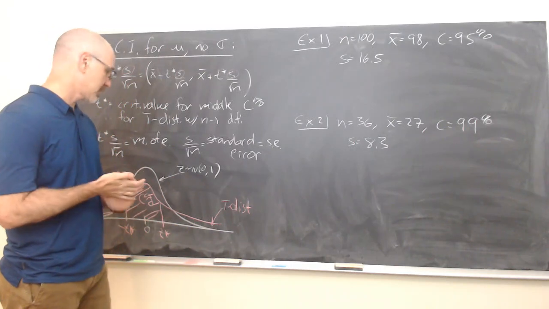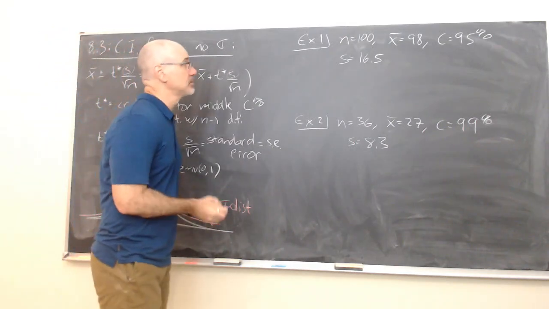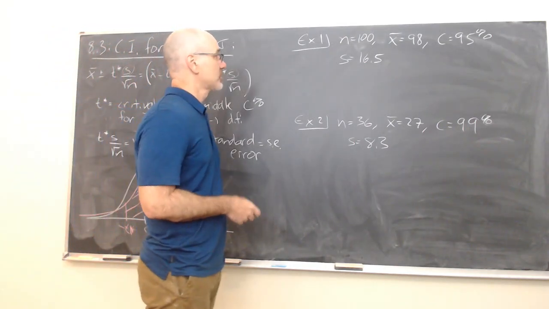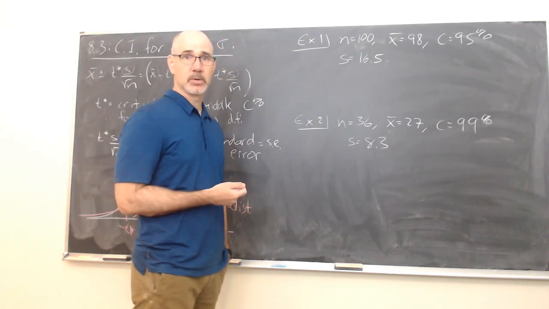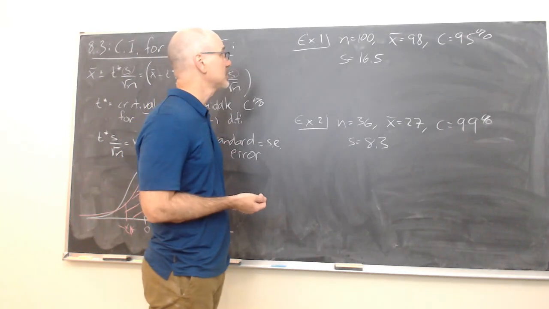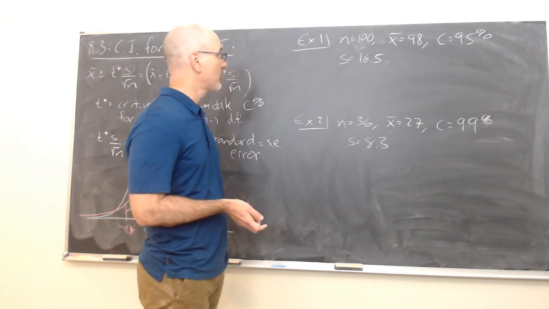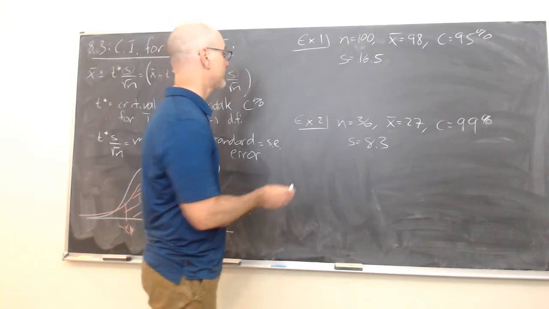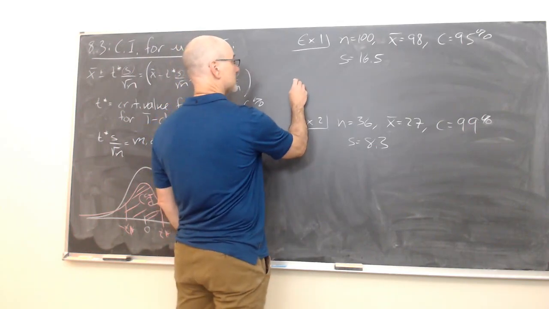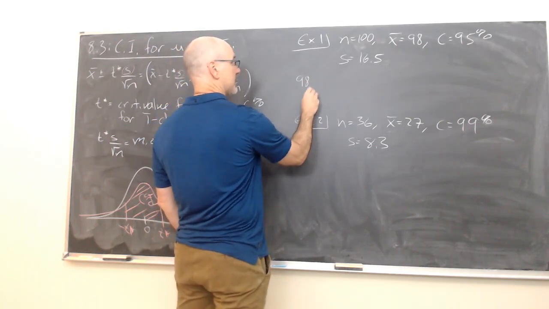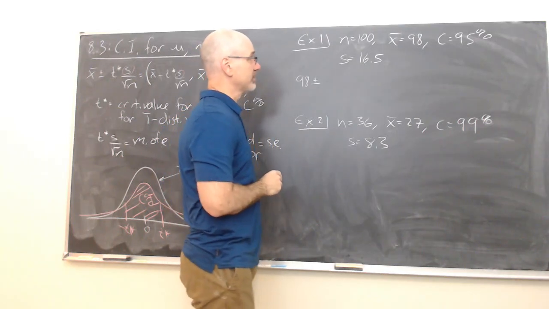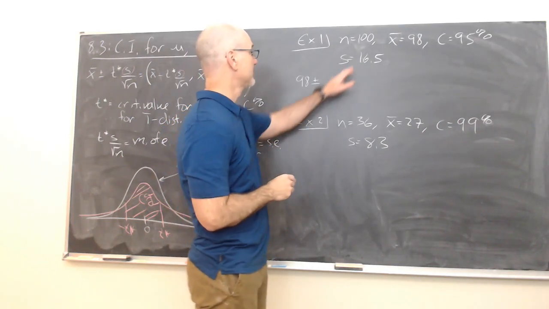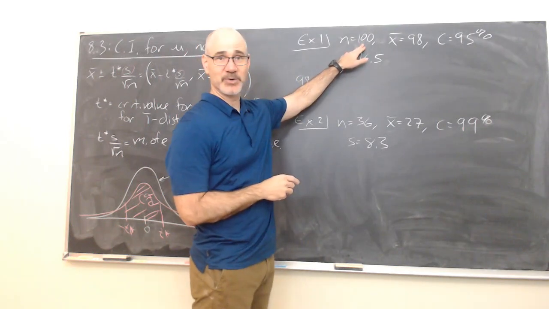All right, our first example, finding a t confidence interval, was trying to estimate the mean IQ of a population, now assuming that we don't know what the standard deviation sigma is. So we'll just use the formula for the confidence interval, and we'll get x bar, 98, plus or minus. Now I need the t-score for the middle 95% of the t distribution with 99 degrees of freedom.